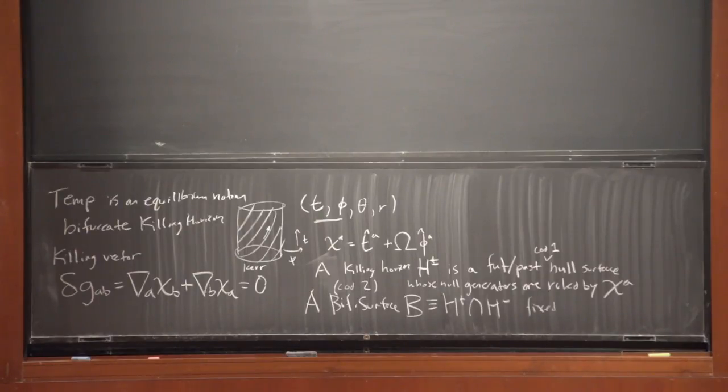Okay, so now, yes? What is a future or past null surface? Oh, yes. It's in relation to the, well, in this case, this is a black hole horizon and this is a white hole horizon, so it's obvious here.